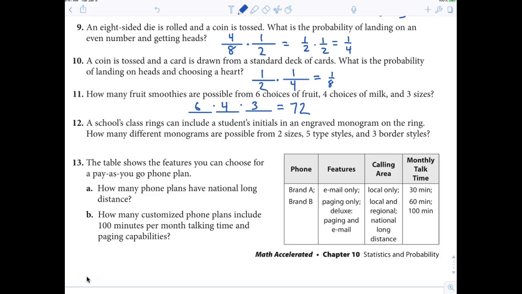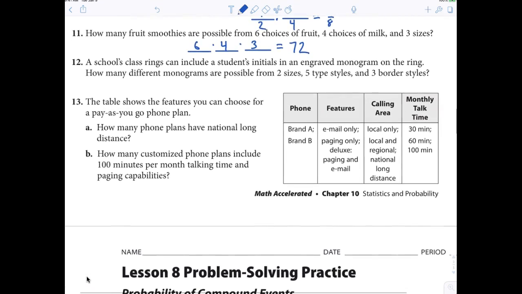Great. I did 4 times 3 and got what? 12. And times 6. You're right, 72. 6 times 10, 6 times 2. Got it. All right.